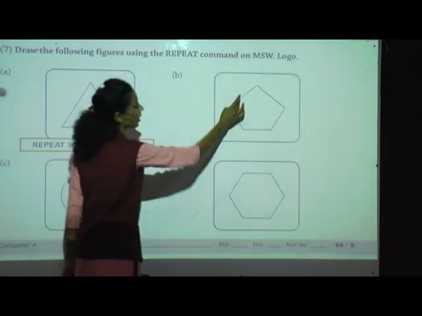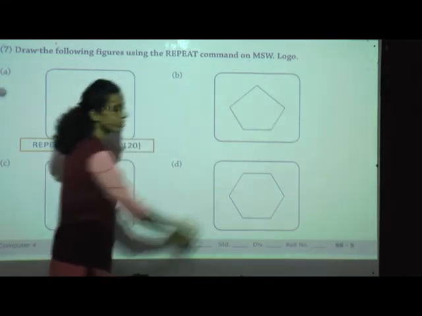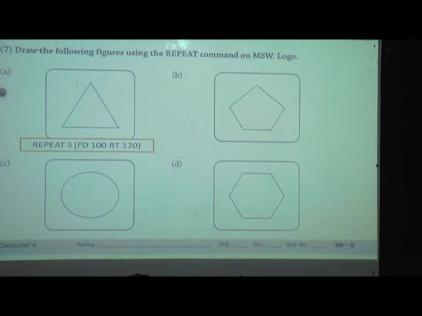Now next one. How many sides? 1 2 3 4 5. What is it? It is a pentagon. We have to write repeat 5 FD 100 RT 72. Why RT 72? Because 360 divided by 5.